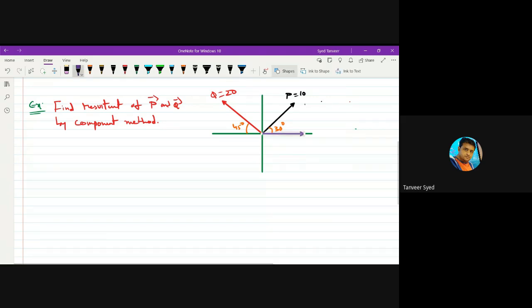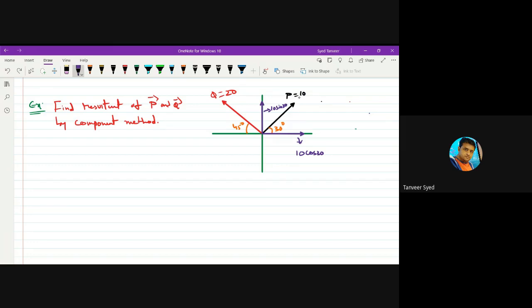This is the horizontal component of P. This is the vertical component of P. This will be 10 cos 30, and this will be 10 sin 30. That means now vector P is gone. You have split it into two components. You should not see vector P, even though it is there.